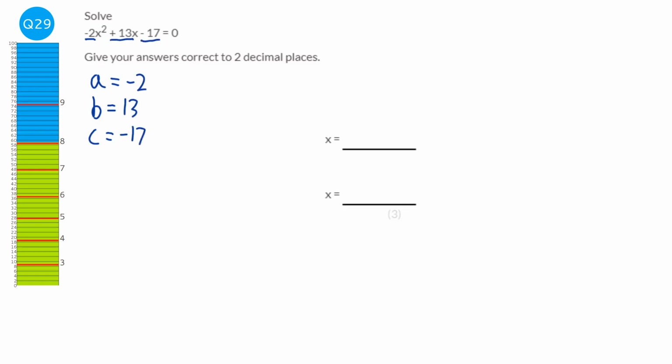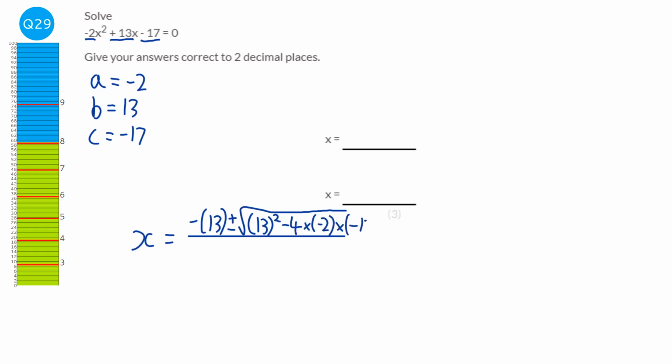We're going to write out the quadratic formula, so it's x equals minus b. Now I always put these into brackets, so I'm going to first of all just do the fraction first, just so we've got nice formatting on it. So we're going to have minus brackets b plus minus the square root of brackets b squared minus 4 times a in brackets times c in brackets.